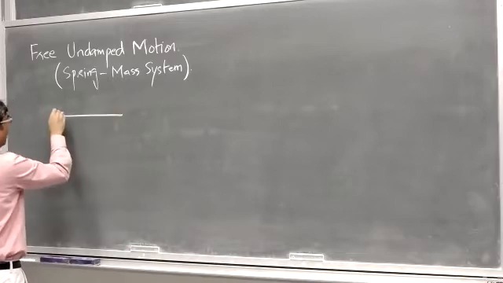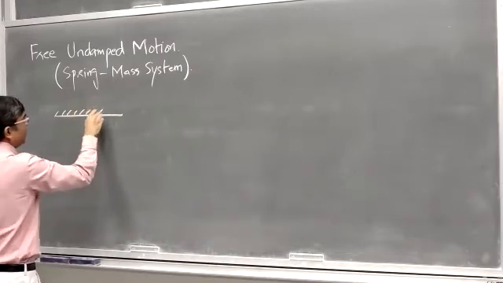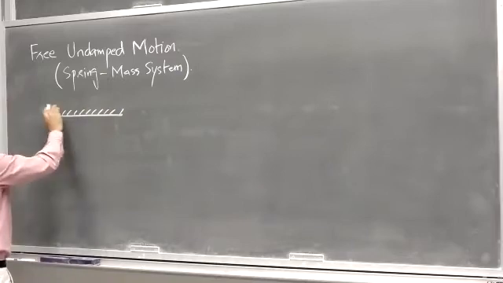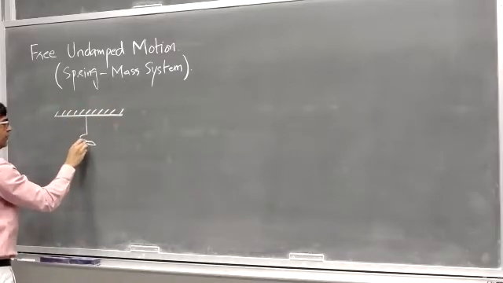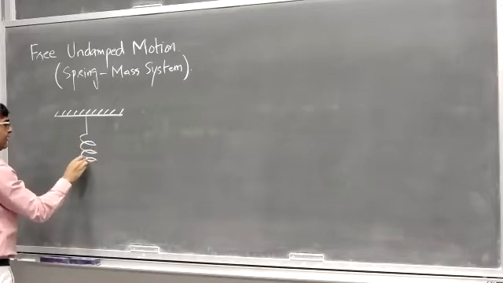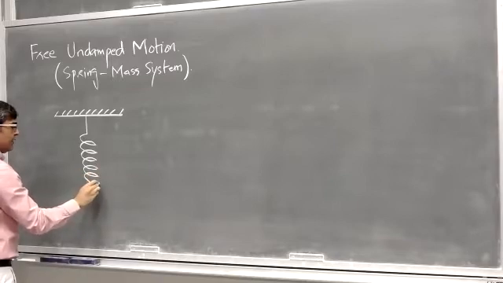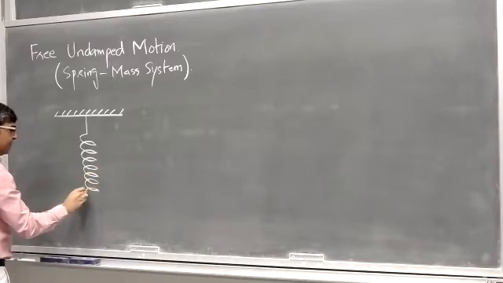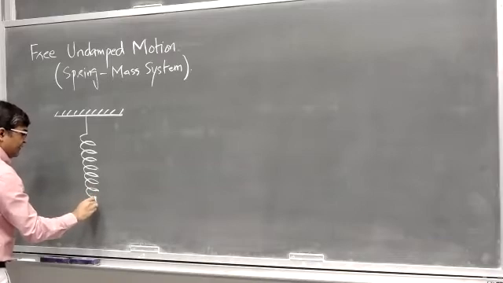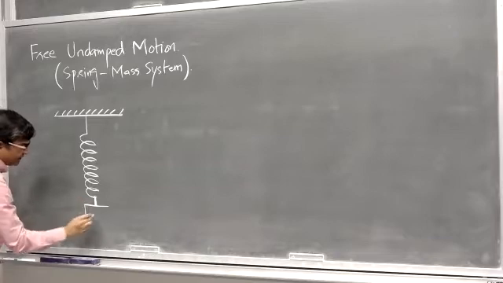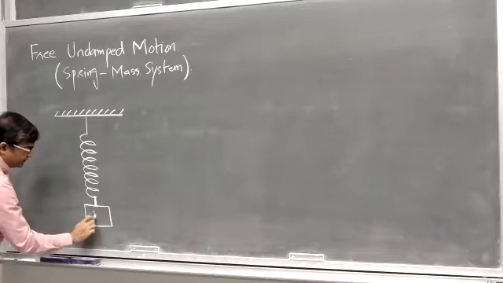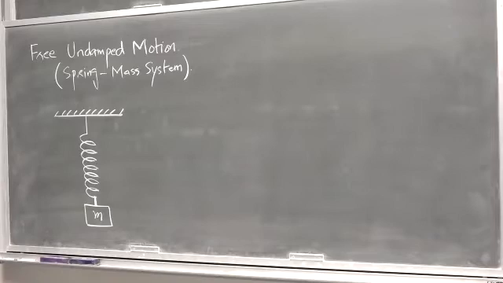If we have a spring attached to a rigid support, and a mass is attached to this spring, obviously there is some extension in the spring.